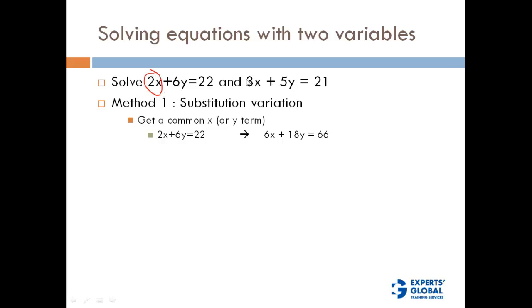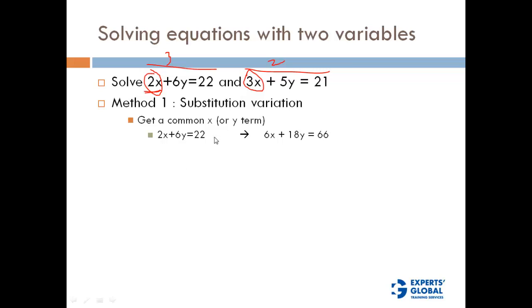We have 2x here, we have 3x here, right? So I multiply this equation by something, and this equation by something, to try to get the same x term. Let's say if I multiply this by 3 and this by 2, I'll get 6x on both sides. Then I'll eliminate 6x from both equations.